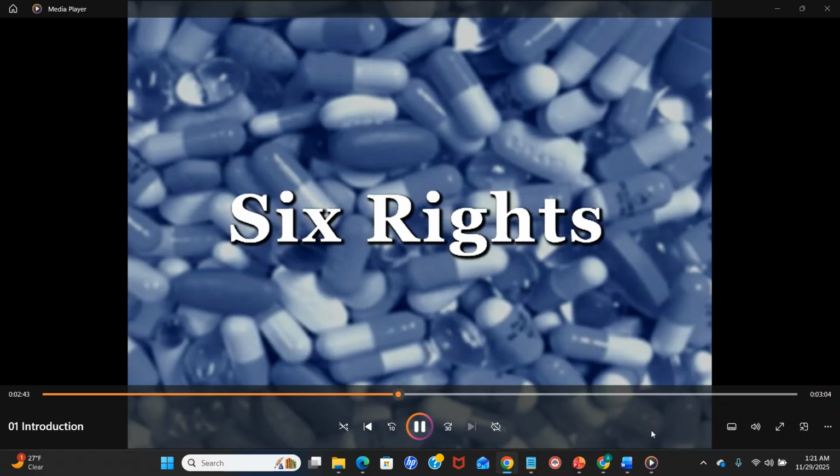The 6 rights are key to safe medication administration and decrease the chances of making medication errors. Let's review each of the 6 rights separately.